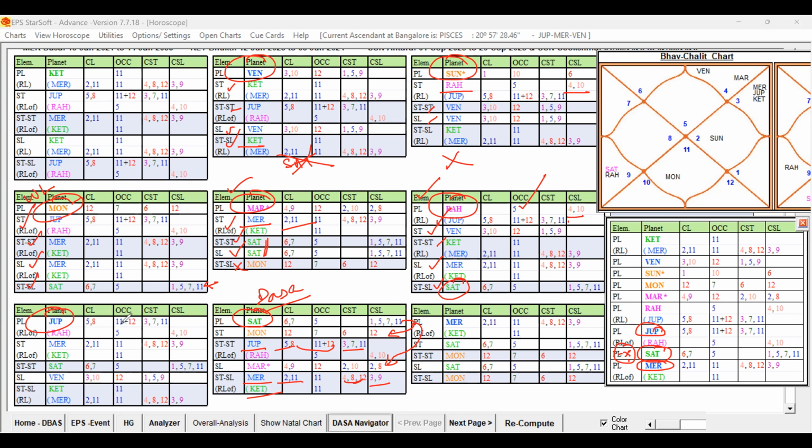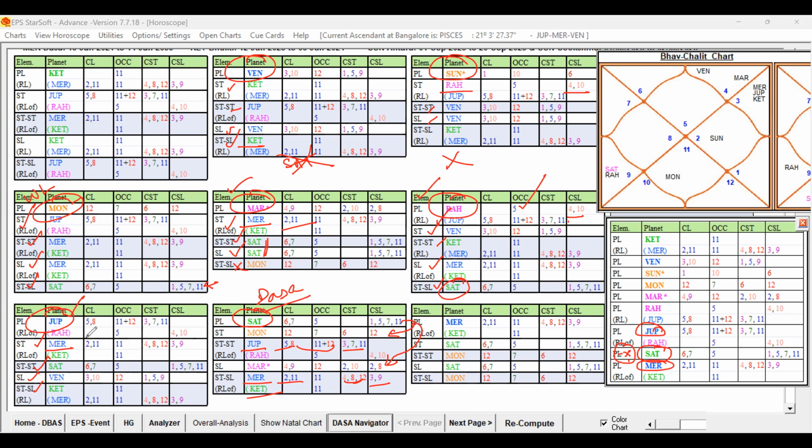Now, next one is Jupiter. Jupiter is okay, key planet, blue planet. And Mercury again our key planet, and 2A level planet Saturn is coming, sub-level Venus is there, and Ketu is there. So rulers of the key planets are all playing role like Rahu and Mars. Jupiter also playing.